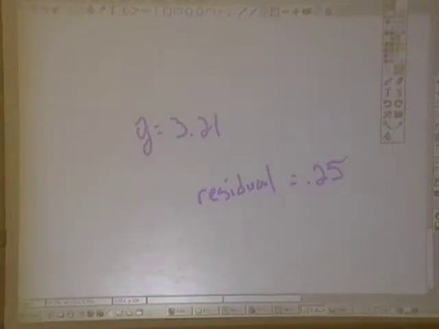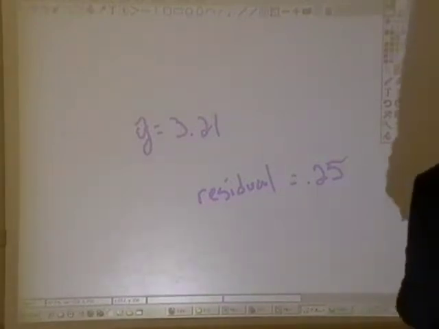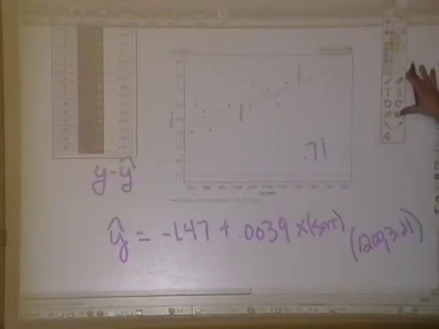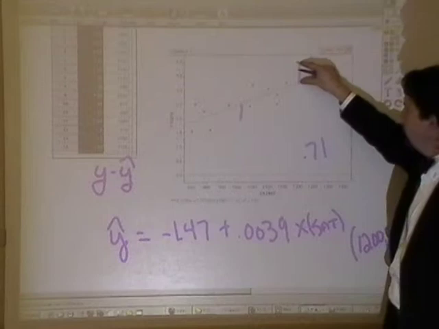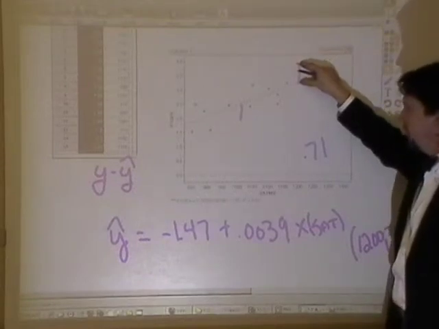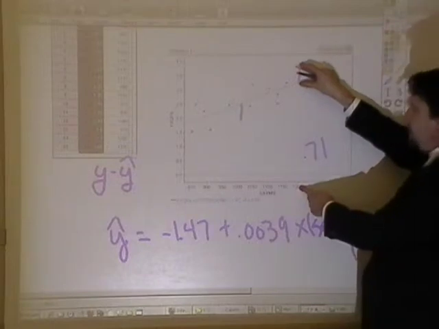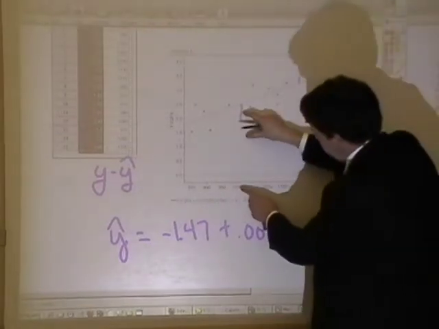Okay. So, why is it called the least squares line? Well, let's take a look at Fathom again here. Now, think about what happens here as I draw on this again. Here's the residual for this value right here, and this value is where the SAT score was 1200, and here's the SAT score.